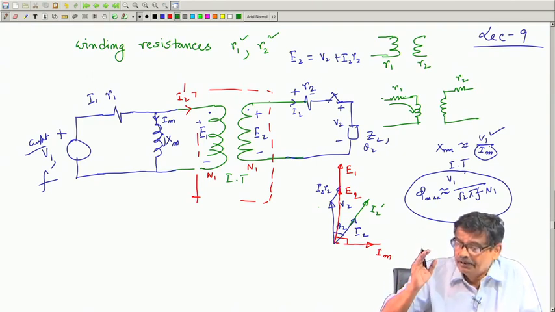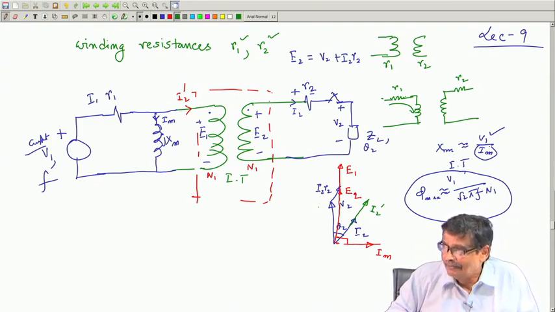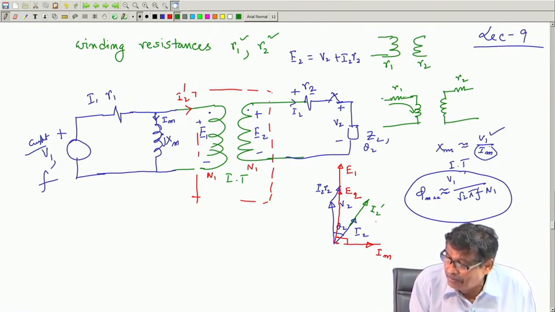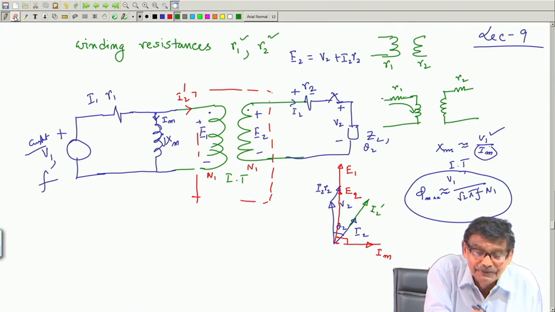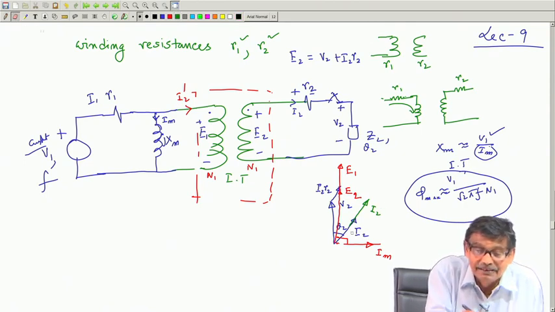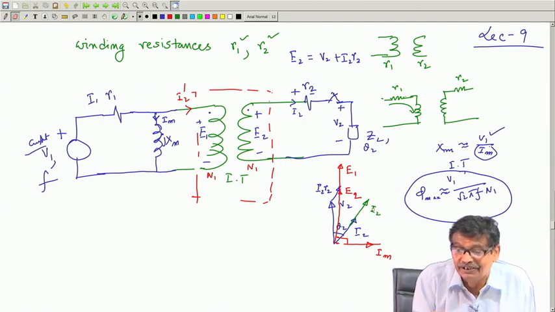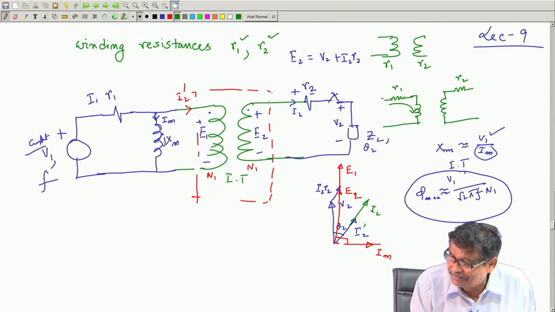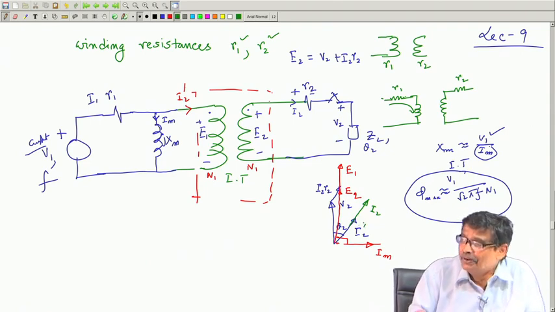So, it will be less. So, what I will do is I will make this as I2, and suppose, please note these changes, this is I2 dashed, because I have shown E1 is higher.